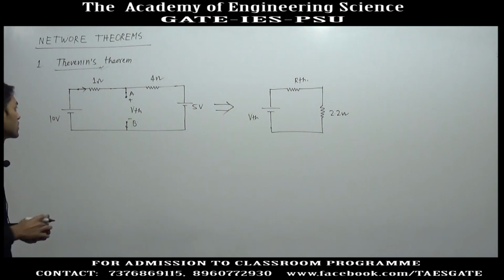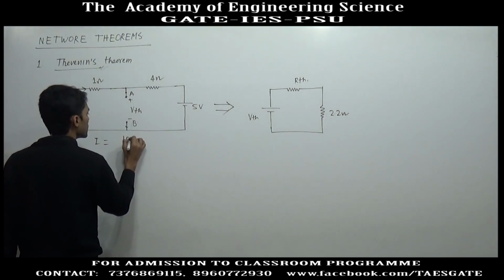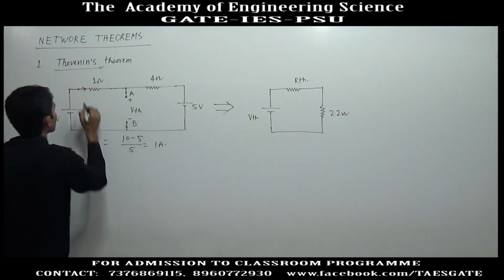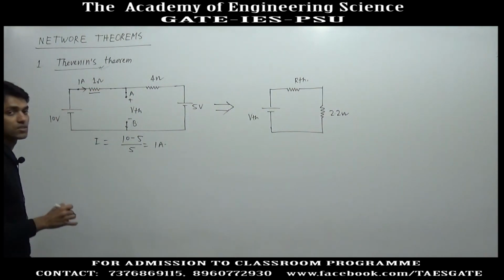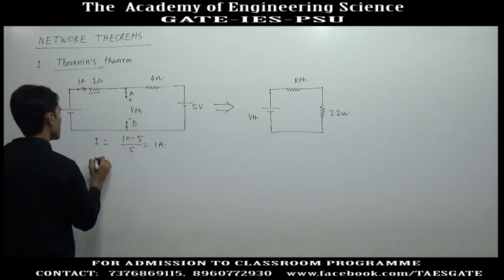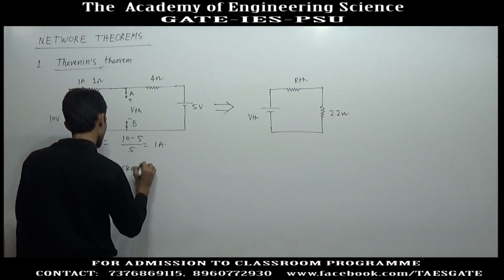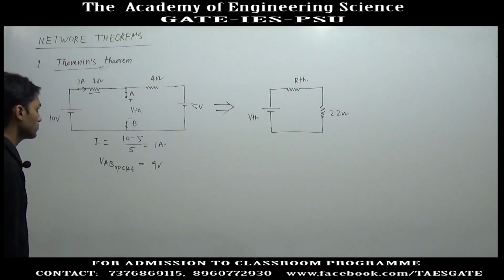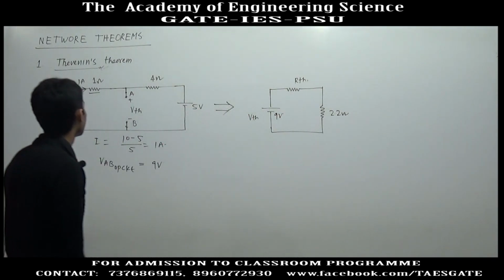Now if we run the remaining circuit, the current is 10 minus 5 divided by 5, the current will be 1 ampere in this direction. So there will be a 1 volt drop across this 1 ohm resistance. So the VAB open circuited is equal to 9 volt. So we will connect a 9 volt source here.